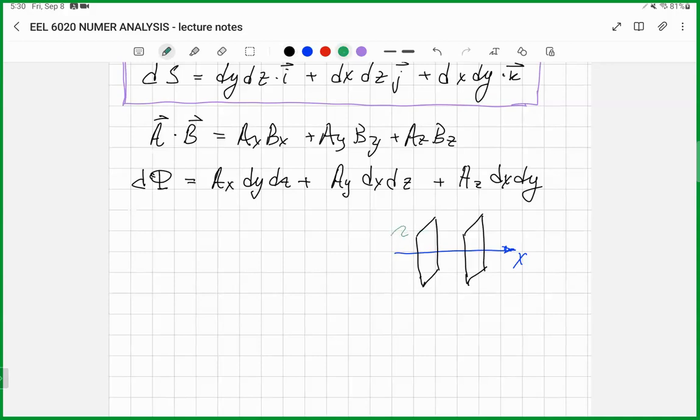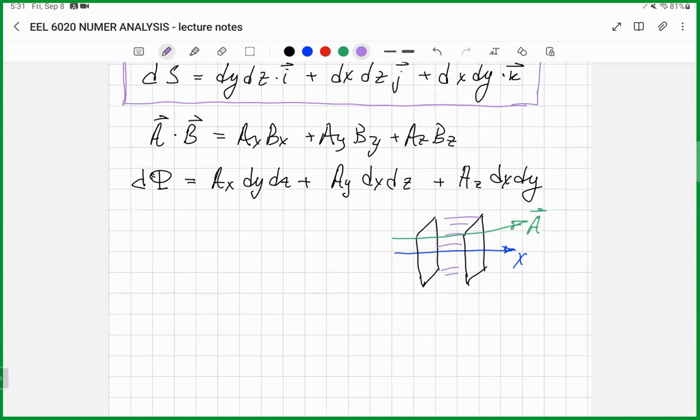We of course have some field in the space, and this field comes inside this space between these two elementary surfaces, right?